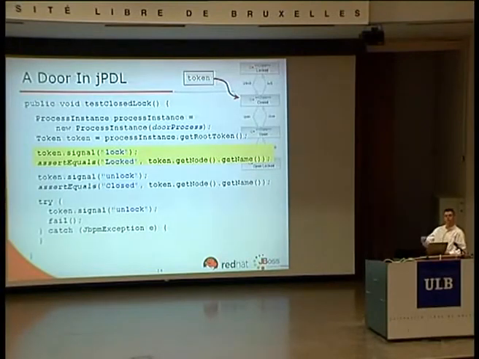You might potentially have a number of automatic steps in between, but eventually you will end up in a wait state. If you take the lock transition, which is here, you can see that you will end up in the lock, which is another wait state. So that's where the calculation stops, and the token pointer will be updated towards the lock.